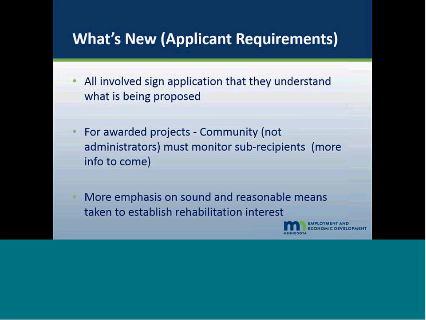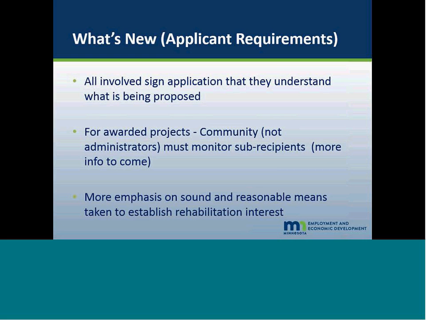What's new for this year is that we want everyone involved to have a role in implementing any potential grants. We want them to sign so we know that they understand what is being proposed and what their role will be.